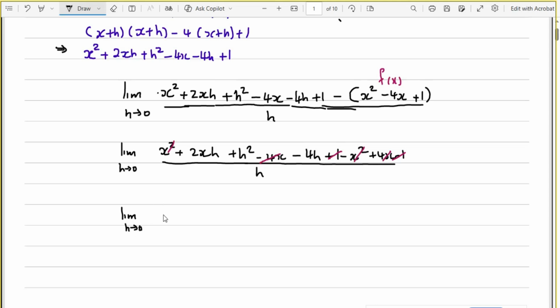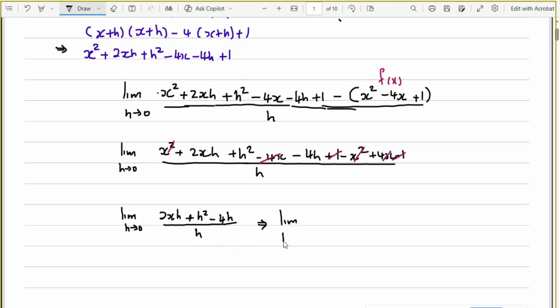So this will be 2xh plus h squared minus 4h, and everything is divided by h. When I look at the top part, I can take out h as a common factor, because we cannot do a direct substitution. If we do a direct substitution, everything will be a mess. We're going to get 0 at the denominator, 0 over 0, which is undefined.